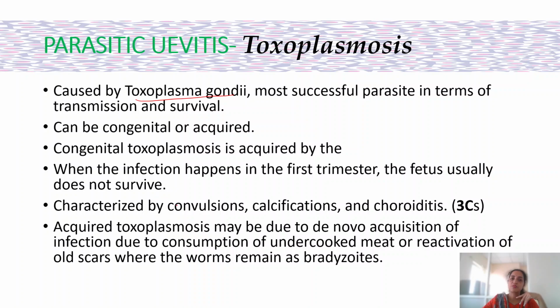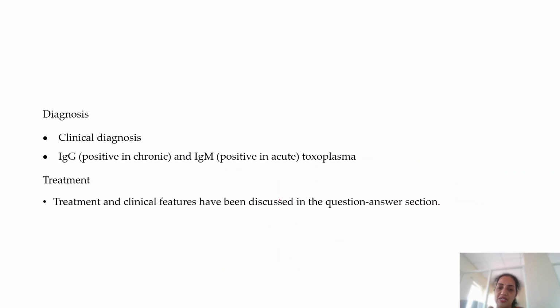So when a child is born with congenital toxoplasmosis, they'll have 3 C's: convulsions, calcifications and choroiditis. So how do you get acquired toxoplasmosis? It is due to de novo acquisition of the infection through consumption of undercooked meat, or reactivation of old scars where the parasites remain as bradyzoites. So I'm not going into the life cycle, it's not so important from your entrance point of view.